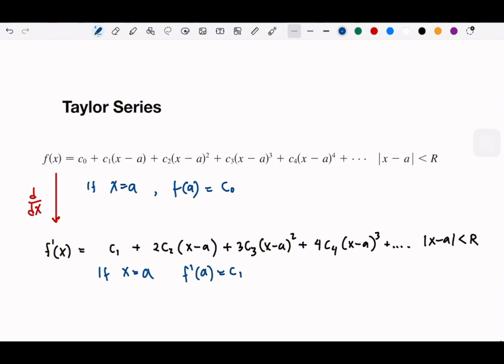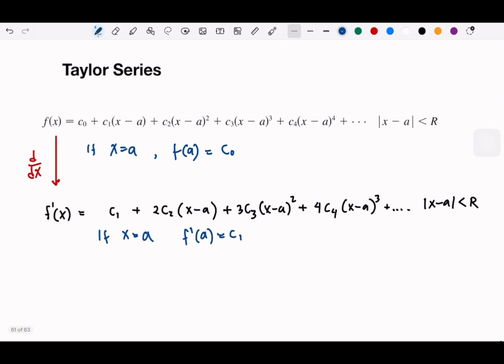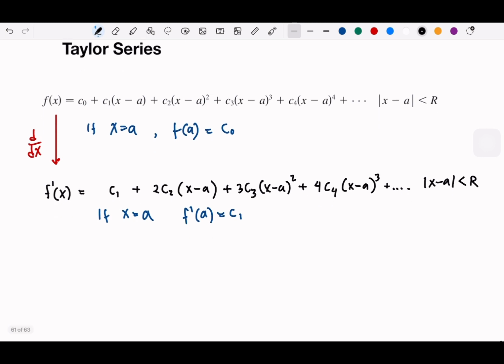Now do the same operations. I think I will do this until we get the third derivative. So the C1 will be gone. So we have 2C2 and then plus, now the 2 is coming to the front, right? 2 multiplied by 3, but I would not multiply it into 6.